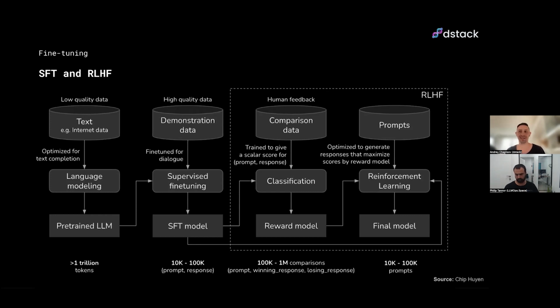It means that it is trained, but on low quality data. It has all sorts of biases and mistakes, but it's pretty fluent. And it's not enough because this model can only complete prompts, basically generate text, but it cannot answer questions or follow instructions.